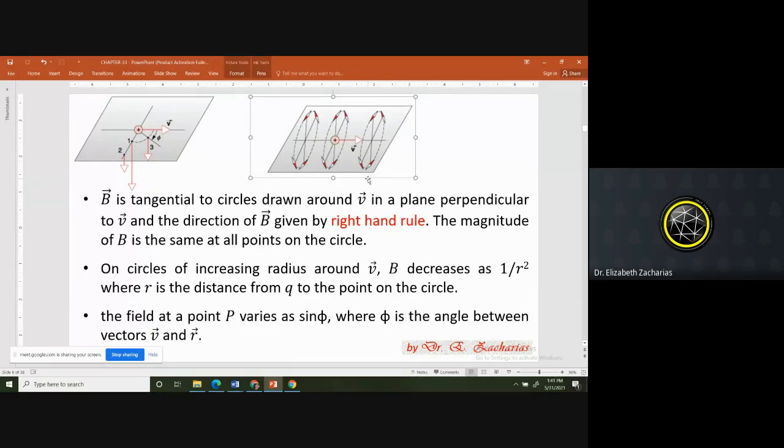There are actually a number of circles that you can imagine around this line, in a plane perpendicular to the velocity.